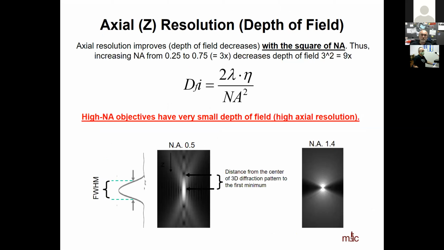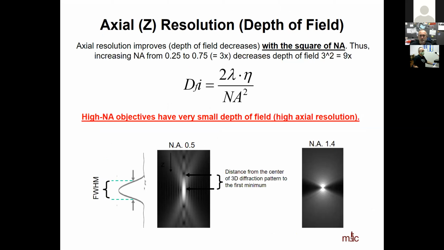A similar thing goes for Z resolution. The formula is more complicated, so don't worry about it. But this just shows that a point object is actually represented by the optics as a three-dimensional pattern. If we look along Z, we also get the central bright spot, and then this first minimum.